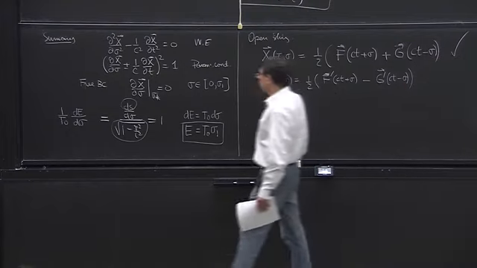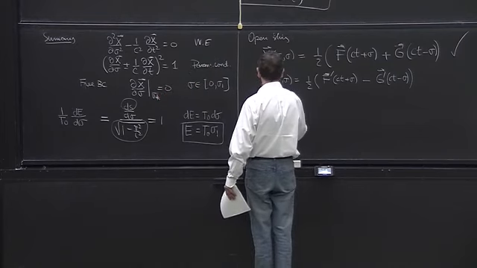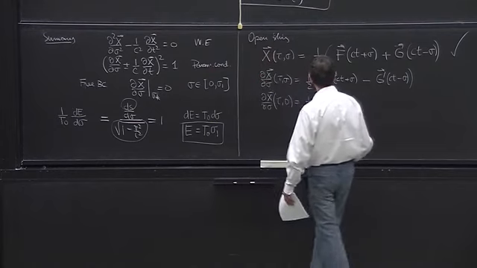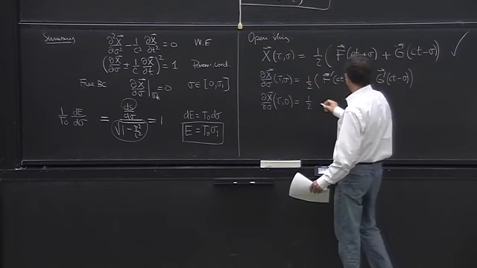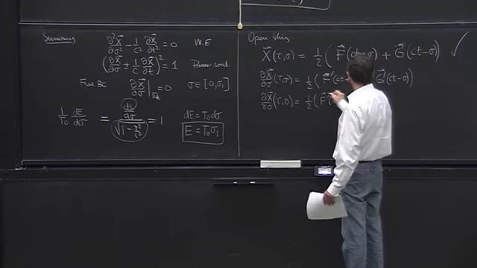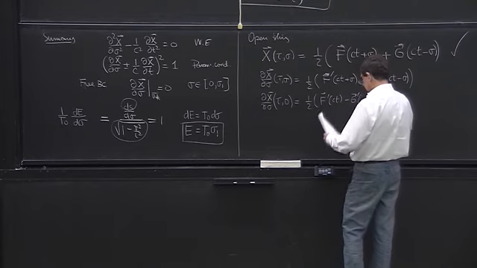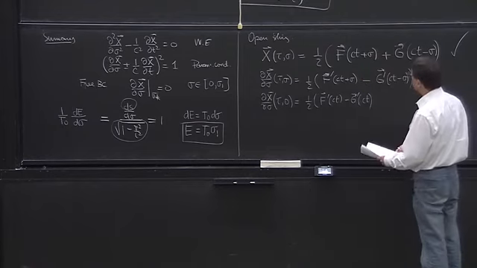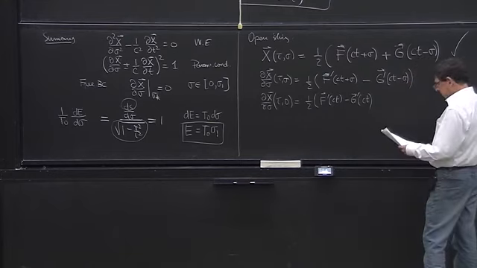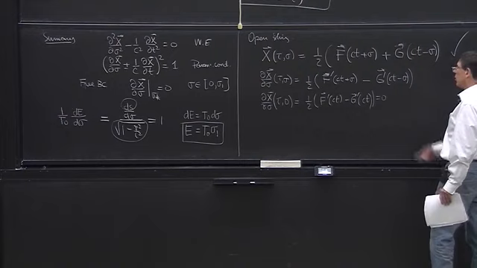And this should vanish at sigma equals 0. So dx d sigma at tau and 0 must be 0. And what do we get? I get 1/2 of f prime of ct minus g prime of ct equals 0. So what do you learn from here?